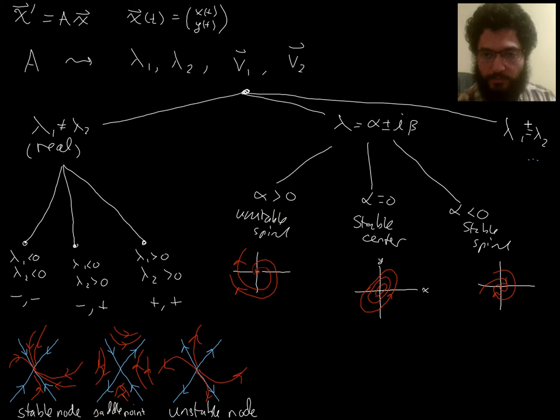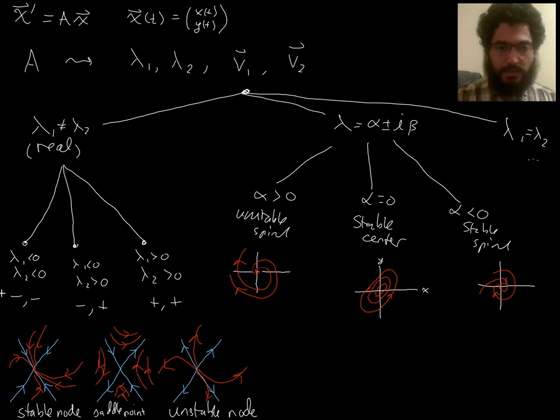And if you want to learn more about how to write the general solution in this case, then there's a section about that in our chapter that you can read, but I'm not making it an official part of the course. So whatever the picture is that goes with this situation is going to be actually something interesting that is somewhere between a node and a spiral somehow. So we'll see that later.